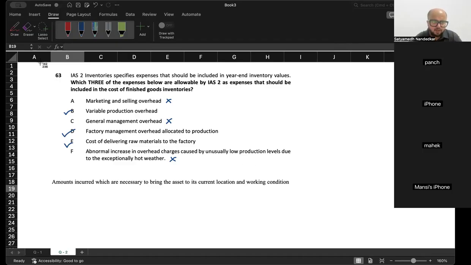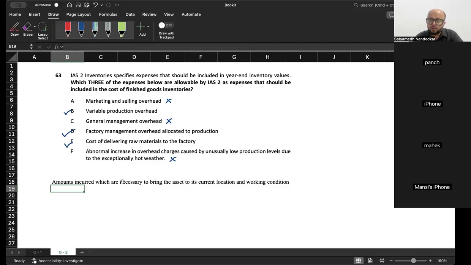Mansi, Mehak, Hema, I just wanted to understand why F should not be included. I'm a little confused there. That is again not relating to production only, sir. Option F basically relates to an abnormal increase in overhead charges caused by unusually low production levels due to exceptionally hot weather.